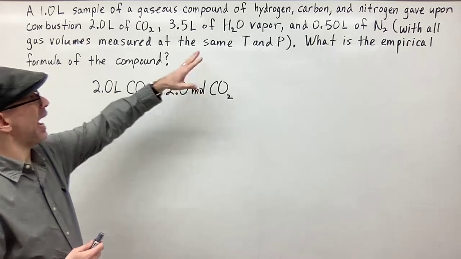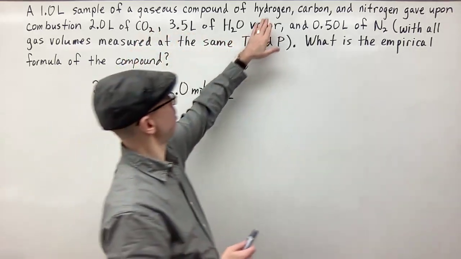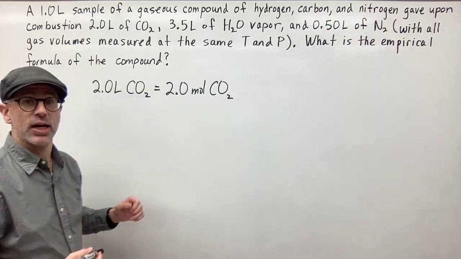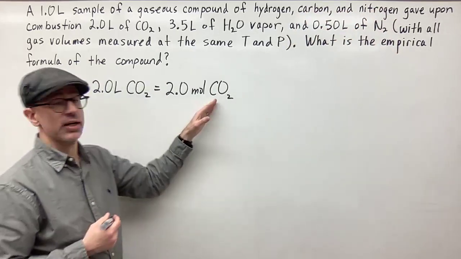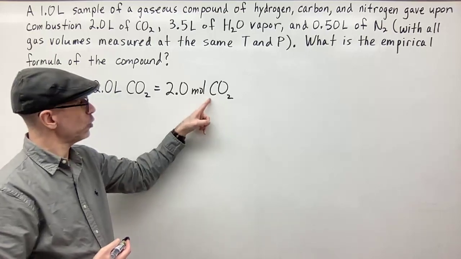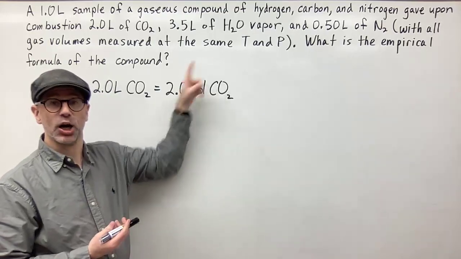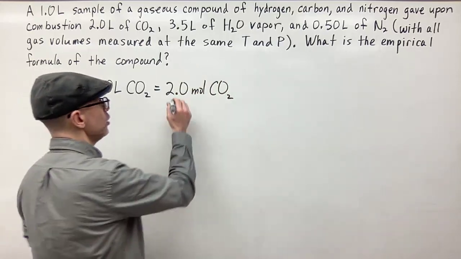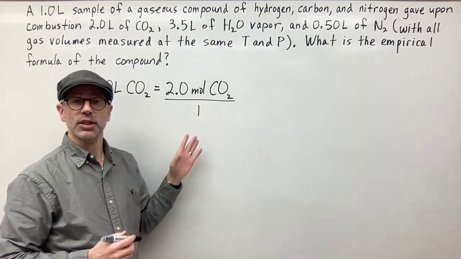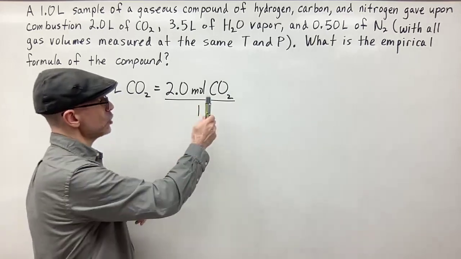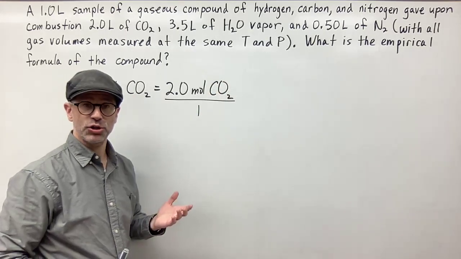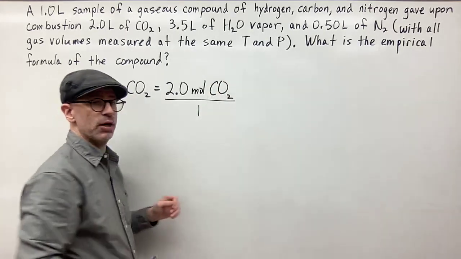So remember, our compound is made up of hydrogen, carbon, and nitrogen. All of the carbon in the carbon dioxide came from the carbon in our substance. So we're interested in the moles of carbon, not carbon dioxide. So we can use the mole ratio in the formula to convert to moles of carbon. For every one molecule of CO2, we get one atom of carbon.